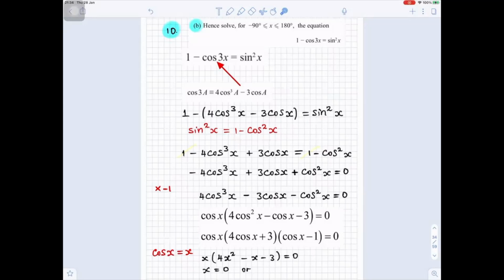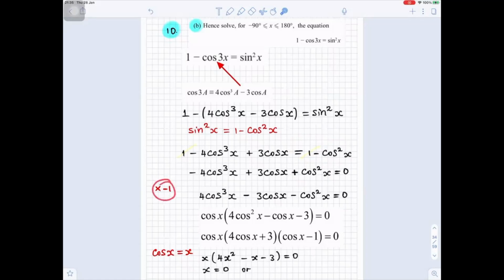So 1 minus 4 cos cube x plus 3 cos x equals 1 minus cos squared x. Now there's this 1 on the left and this 1 on the right. They can cancel each other. 1 minus 1 is 0. You're left with minus 4 cos cube x plus 3 cos x. And you take the minus cos squared x to the left, it becomes plus cos squared x.